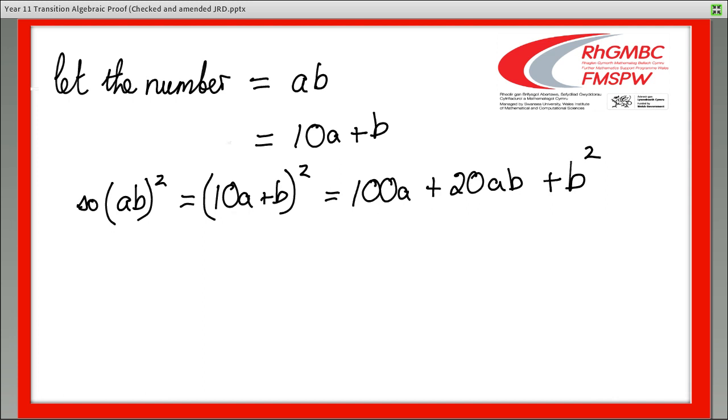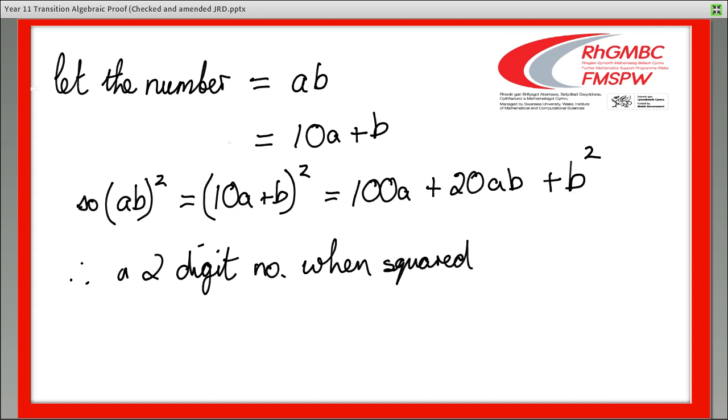All right? So therefore, a two-digit number, when squared, cannot end in 8.